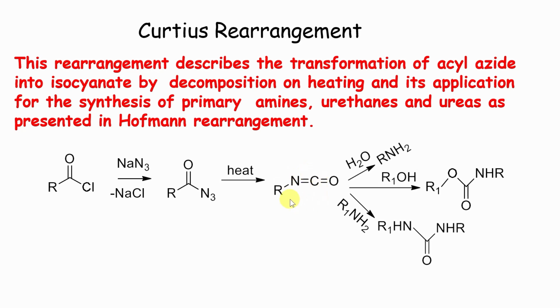As in Hofmann's rearrangement, this isocyanate on hydrolysis gives the corresponding primary amine. Then on treating with an alcohol, we will get urethane. And on reacting with the primary amine, we will get a urea derivative as in Hofmann's rearrangement.